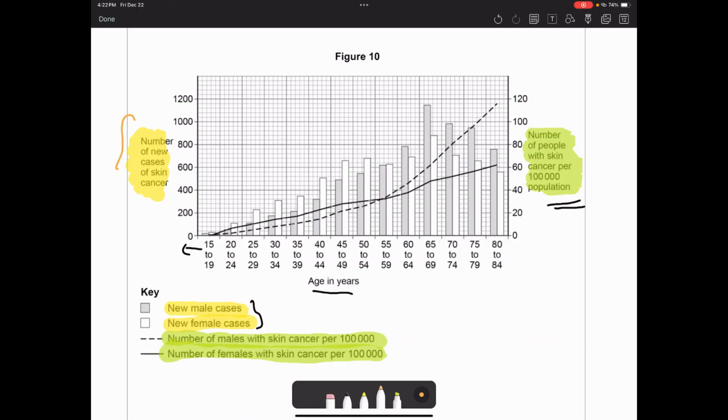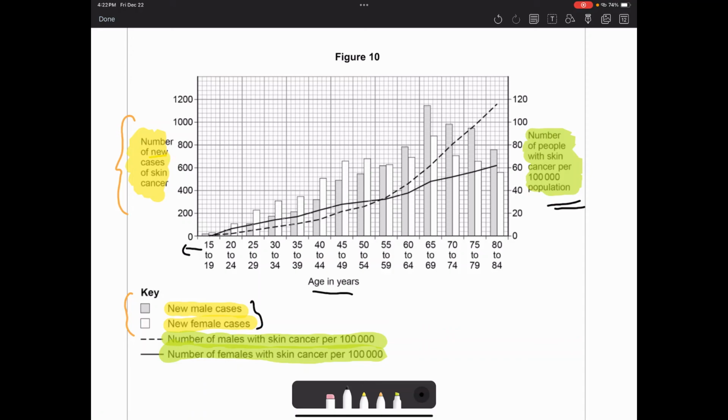So I am purely just looking at the bit I've highlighted in yellow, which is my bars, and I'm looking for the pattern in this graph, which is just referring to the bar charts, okay? 2 conclusions about the new cases of skin cancer. So ignore the lines, the dashed line and the solid line. You've got to kind of imagine that they're not there, because that's not relating to this question. You're just talking about the new cases of skin cancer.